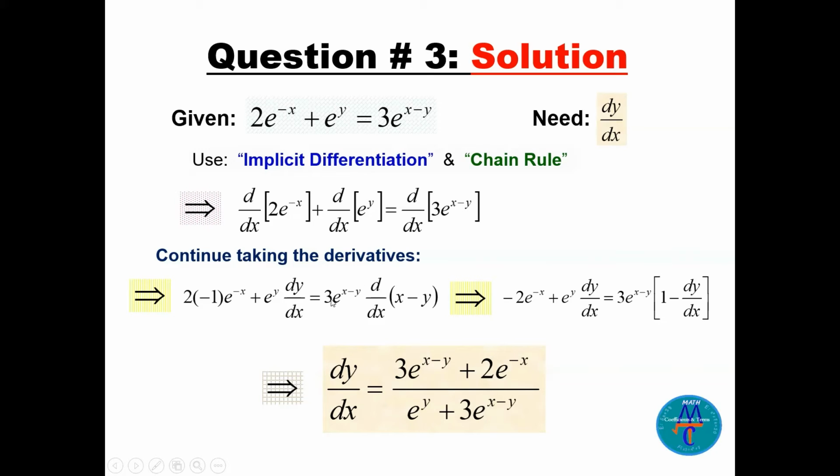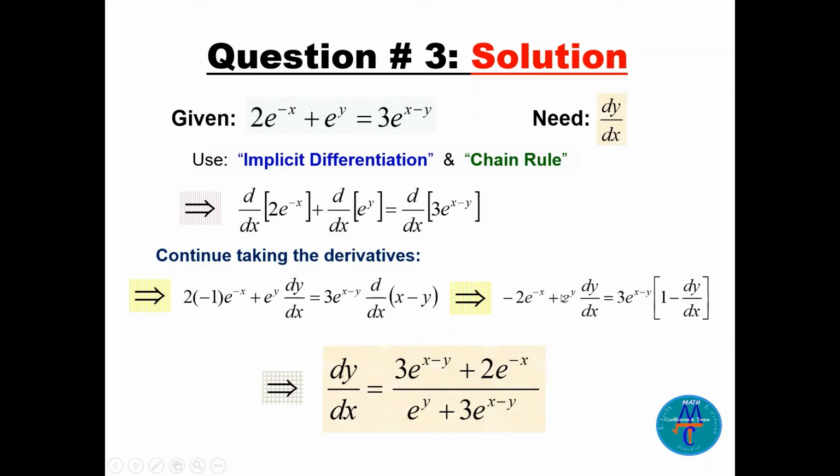This one, 3, is a constant. e to the power x minus y, we leave it as one function, times the derivative of the power here. Now the derivative of x is 1, and the derivative of y is only y prime, or dy over dx. Now when you have to do some work, I left it for you, very simple. Multiply this times 1, multiply this times dy over dx.